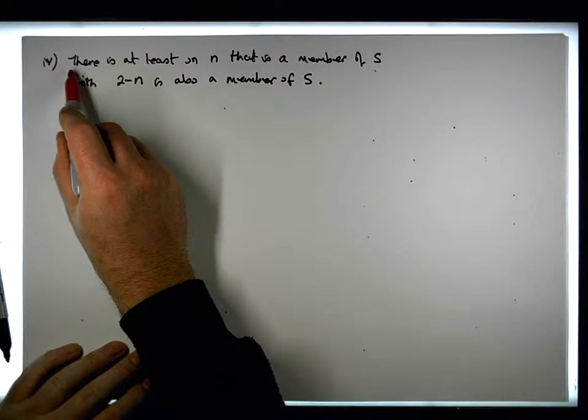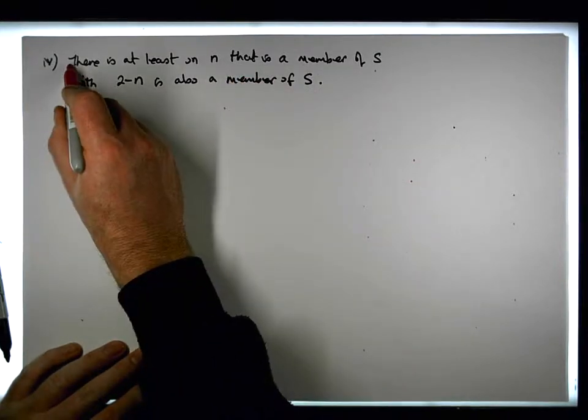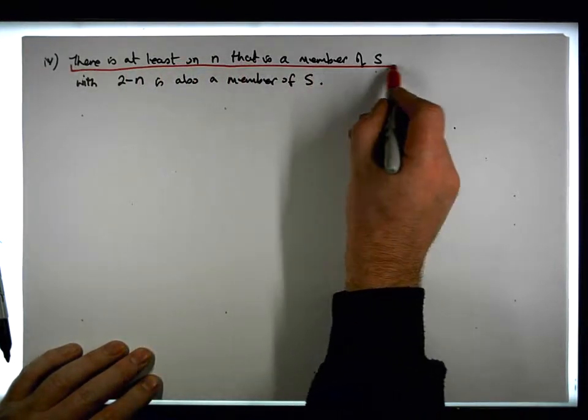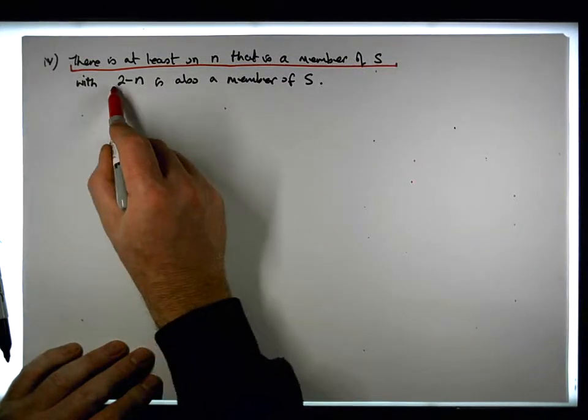There is at least one n that's a member of S. So this is the quantified piece of this particular statement, with the property. So here's the property.